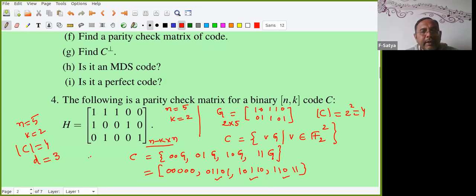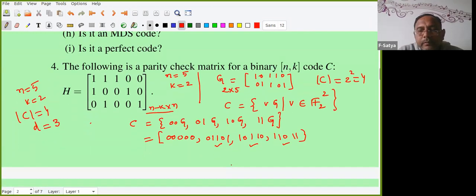It is D of entire code. Otherwise, you found the distances. What is the distance between these two? That is exactly weight. Distance between 0, 0, this and 0, 0, this and 0, 0, these are exactly the weights. But now I no need to find these distances, right? That is the advantage of the linear code. So distance of the code now becomes easy.